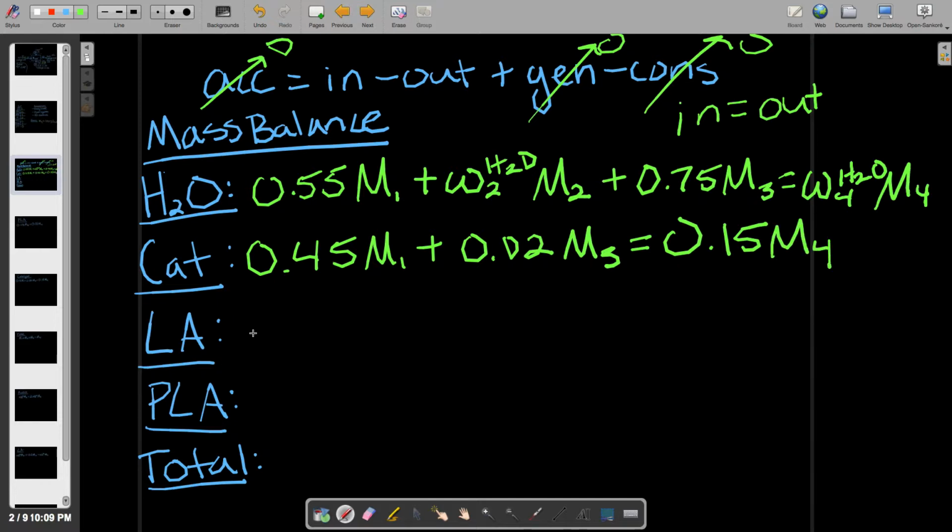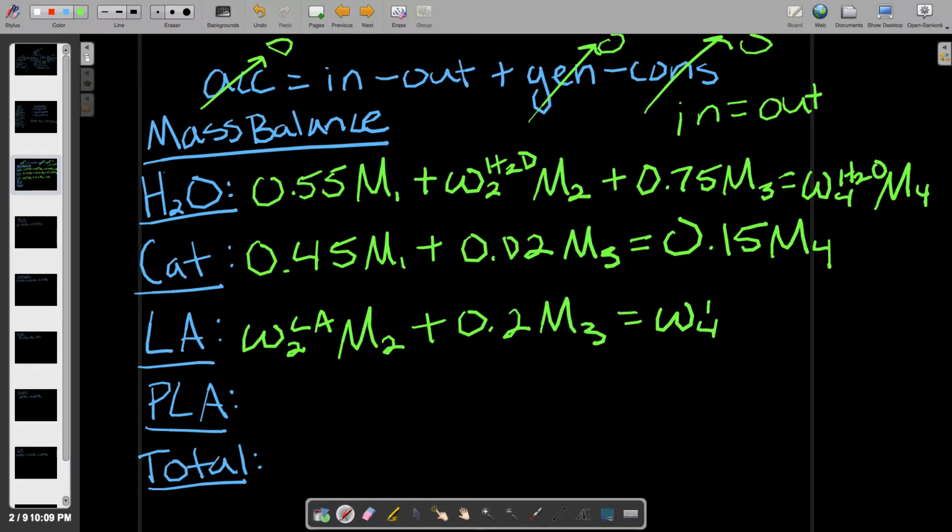And now we're going to do LA. Same thing. Mass fraction of LA in stream 2 times the flow rate in stream 2, plus that of stream 3. That is going to give us the mass fraction of LA in stream 4 times the flow rate in stream 4. And last, we're going to do PLA.